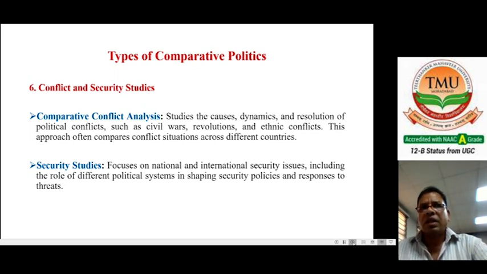In human security, people face food insecurity, environmental insecurity, human right violations. So those states that consider human security a very important part give importance to parameters like economic security, health security, environment security, community security, cultural security, and so on. So this is a very important aspect of security.